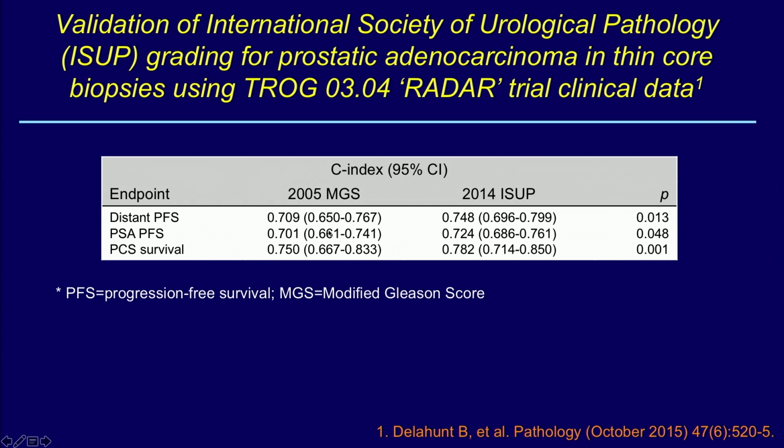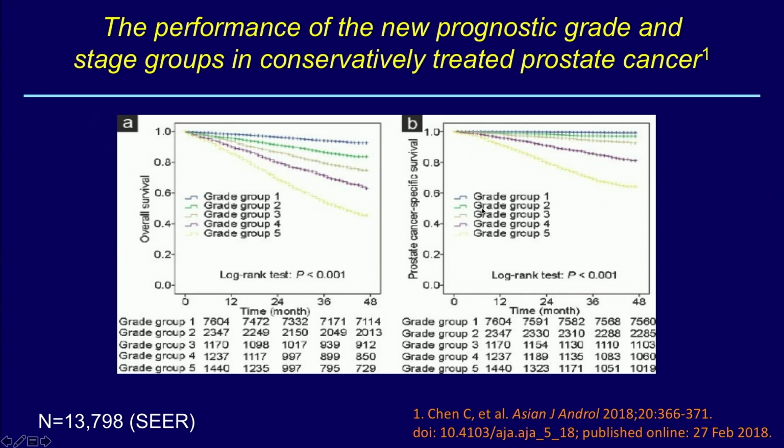They compared what if we just did the 2005 modifications that were recommended with the 2014, and they showed that for all of these endpoints, metastasis, biochemical recurrence, and overall survival, the C index was significantly improved using the modifications of the 2014. And then here's at the community practice level.